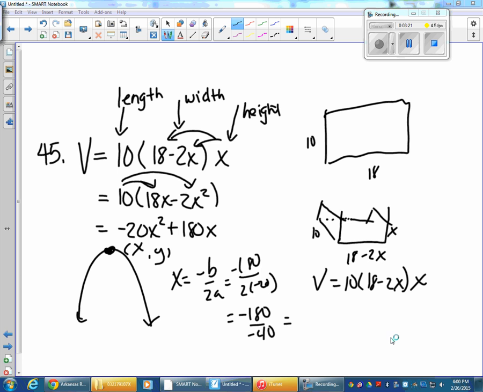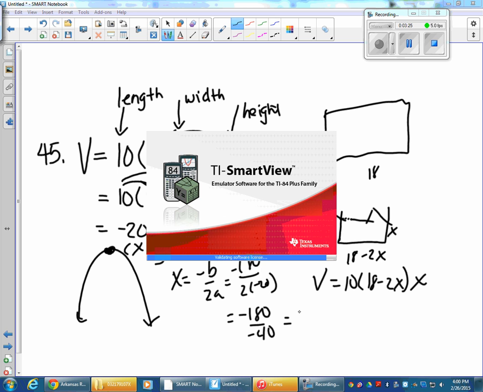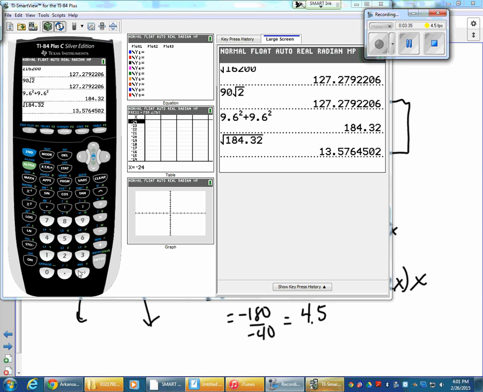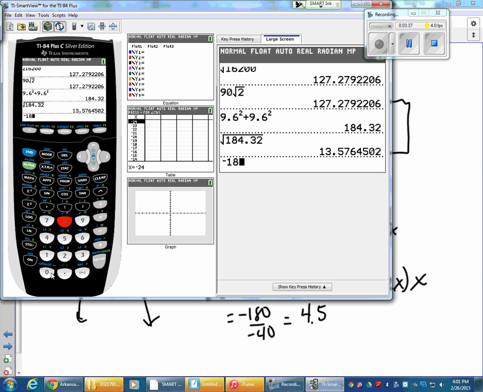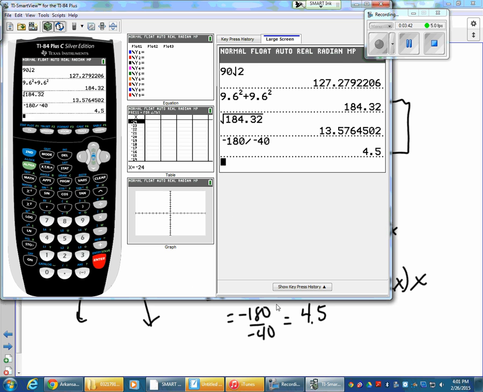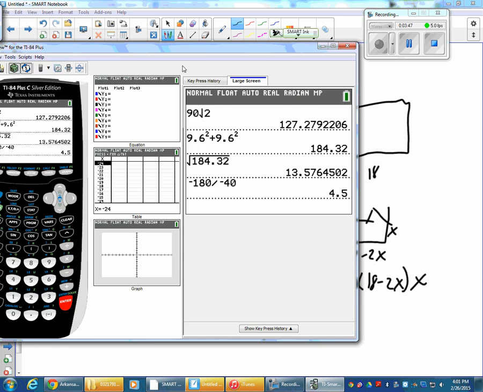So negative 180 divided by negative 40 is 4.5. I'll verify it here in just a second. All right, so negative 180 divided by negative 40 is 4.5. So that's going to be the x value that's going to get you the highest volume.